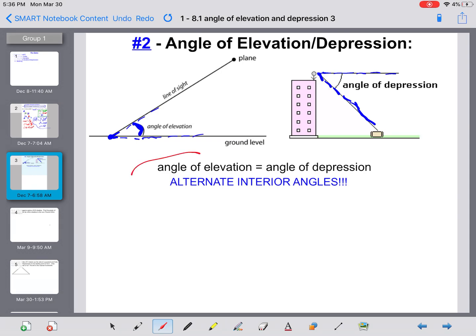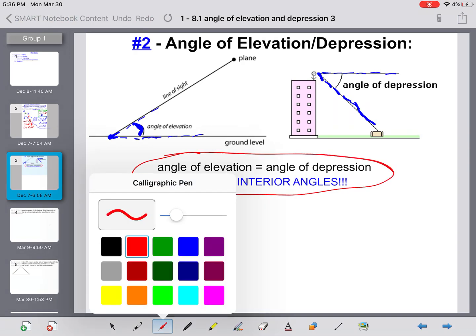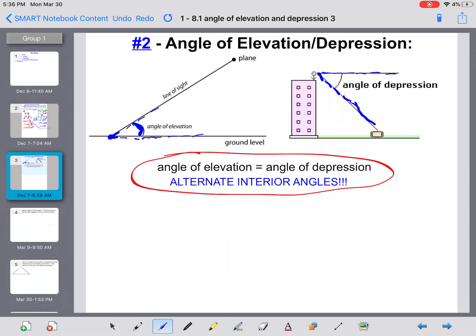Now, one thing I'm showing you here is a nice little trick. The angle of elevation and the angle of depression will always be the same. If we look back at this first picture, you're down here on the ground looking up at the plane, but imagine the pilot's looking down at you. When the pilot looks straight ahead and then looks down at you, there is their angle of depression.